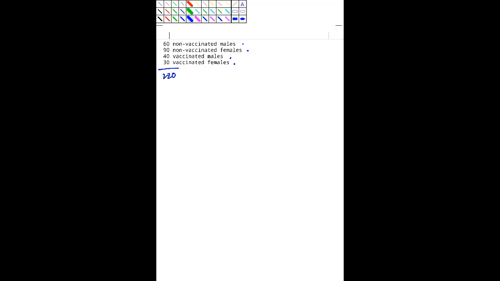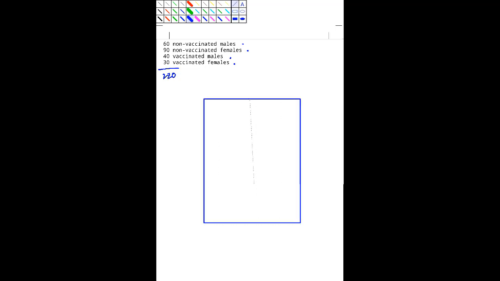To create the diagram, we'll draw a box here and split it into two parts. I'm going to put male and female on the top of the diagram, so we've got gender on the top.